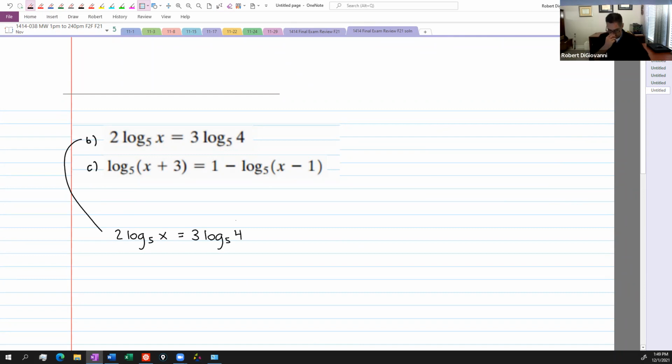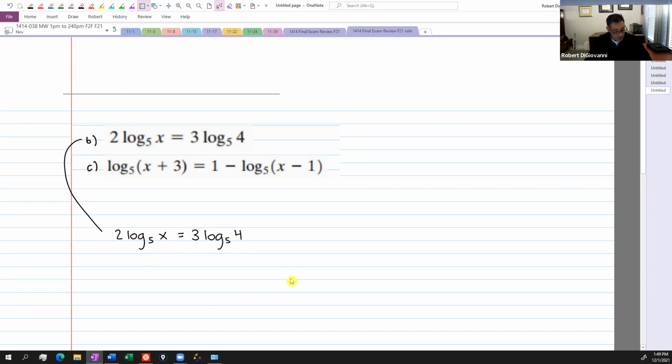All right, so notice that these both have the same base for both logs. So if we can just get the insides, we could just match the insides. The problem is we have a 3 here and a 2 here.